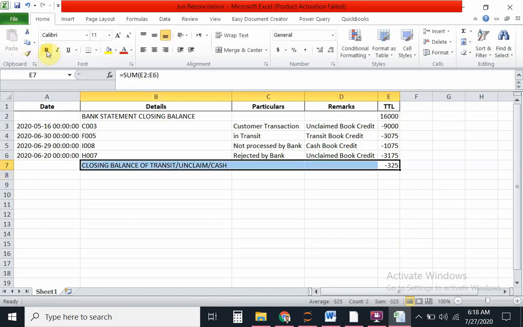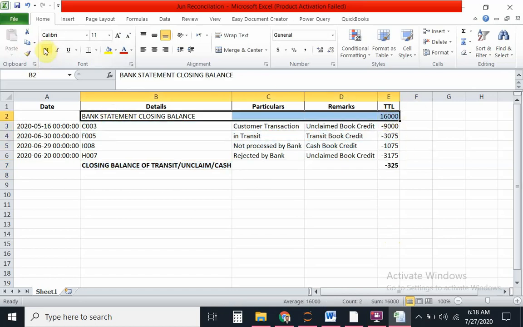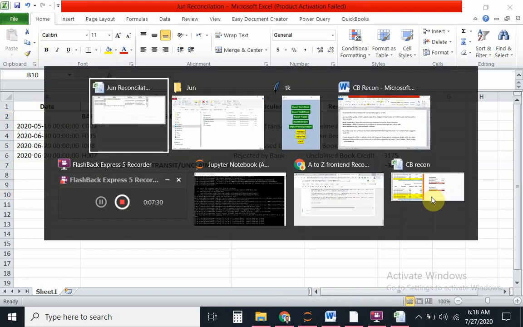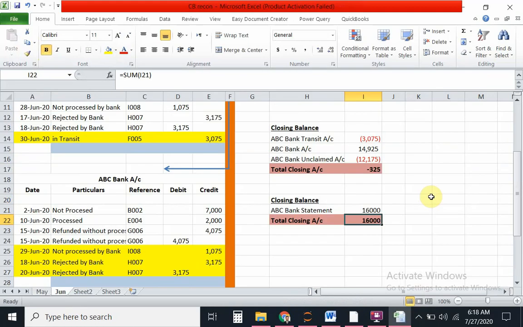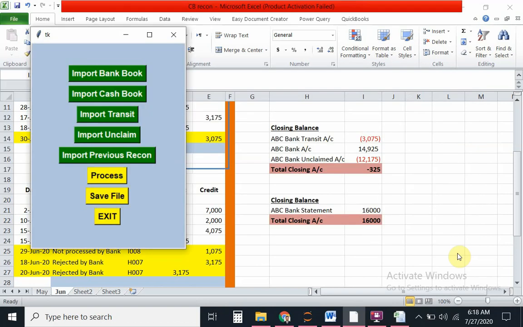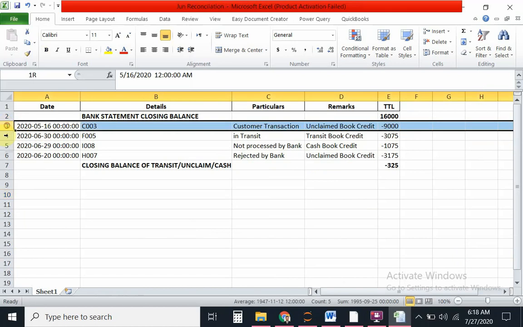And I am having a negative of 325. So if you see here, 325, I should be having 325 when my closing balance of the bank is 16,000. So if you see, this utility is reconciling the three bank reconciliations and giving the exact amount for which amount is lying where.